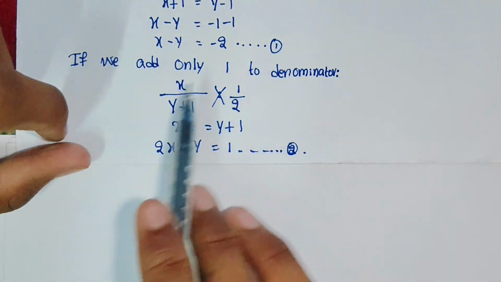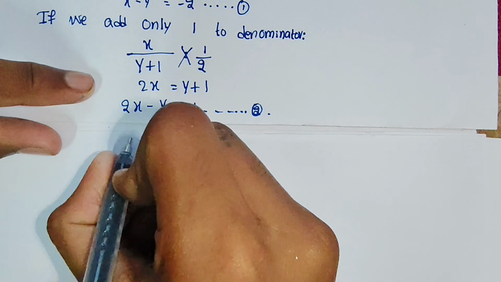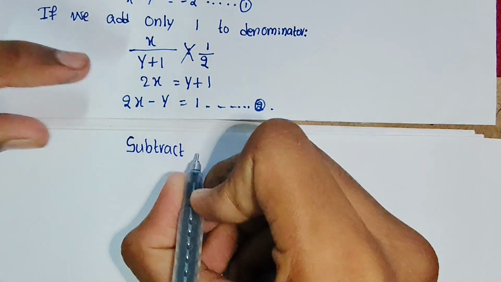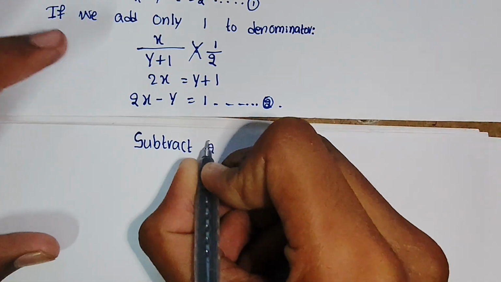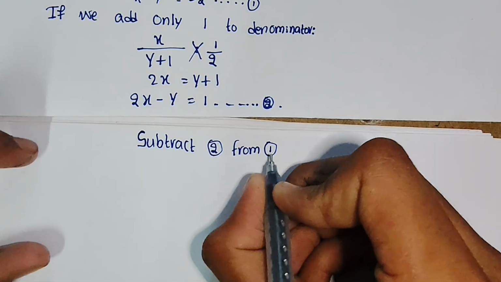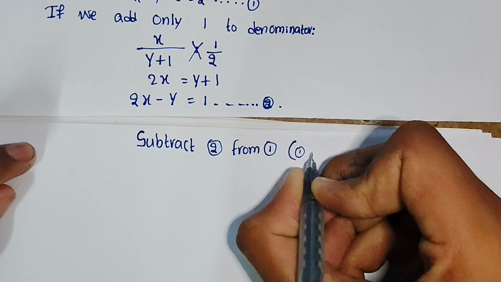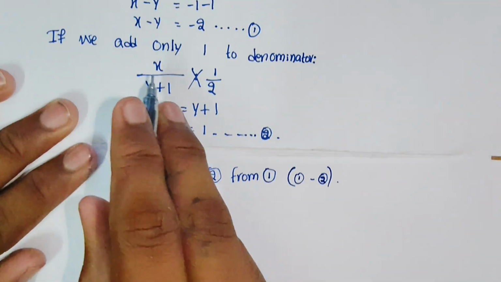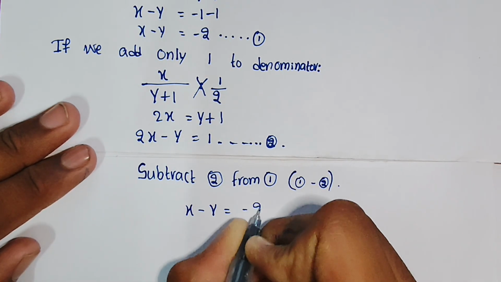Now here we got equation 1 and equation 2. Now I am going to subtract equation 2 from equation 1, means equation 1 minus equation 2. What is equation 1? x minus y equals to minus 2.